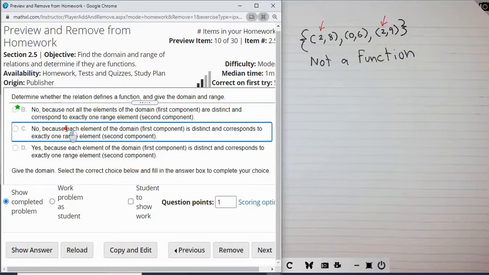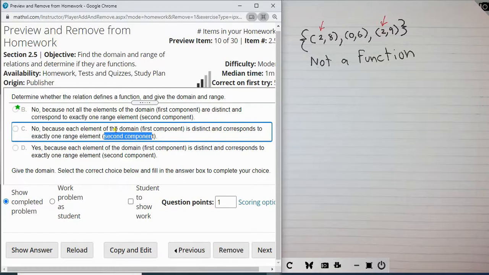Notice that it says each element of the domain, which is our x-coordinate. Remember, a domain is all possible x values or horizontal values, or the first component. It says that each value of the first component is distinct and corresponds to exactly one range element, or the second component.